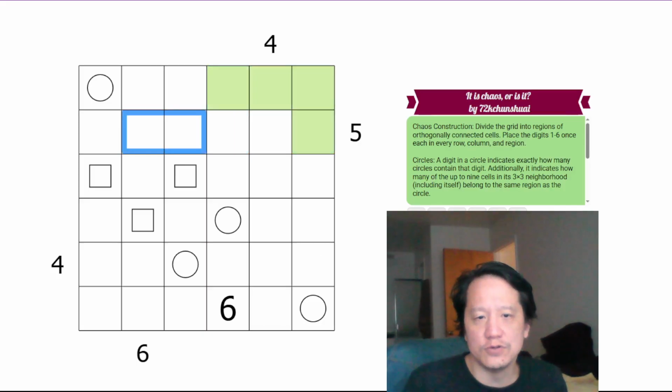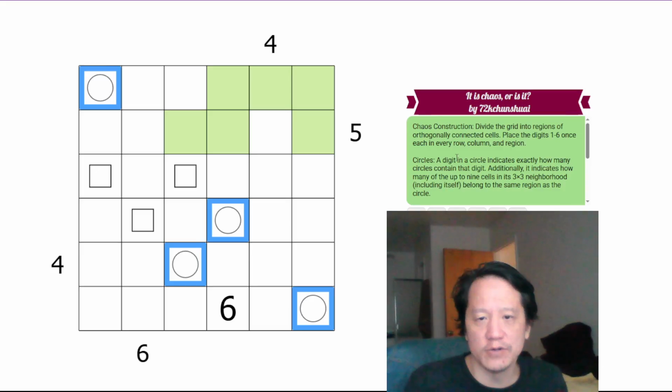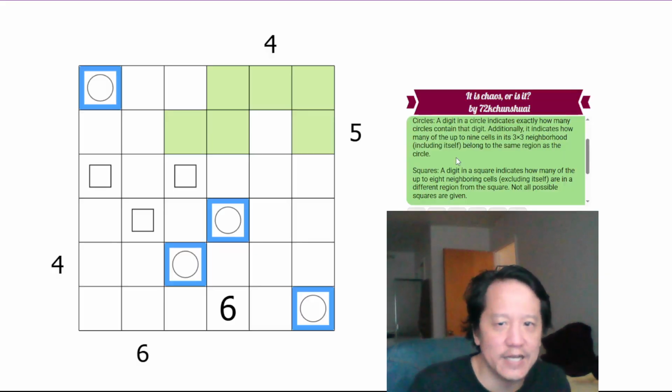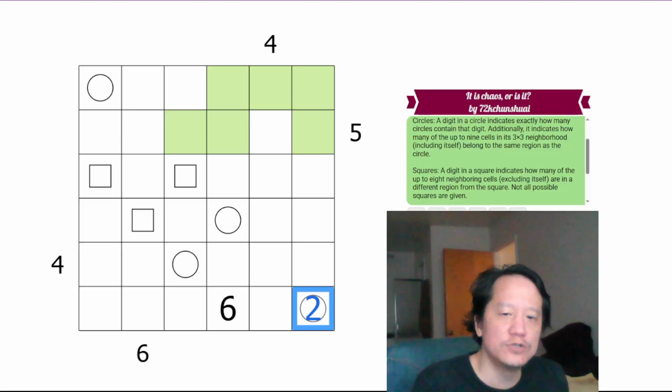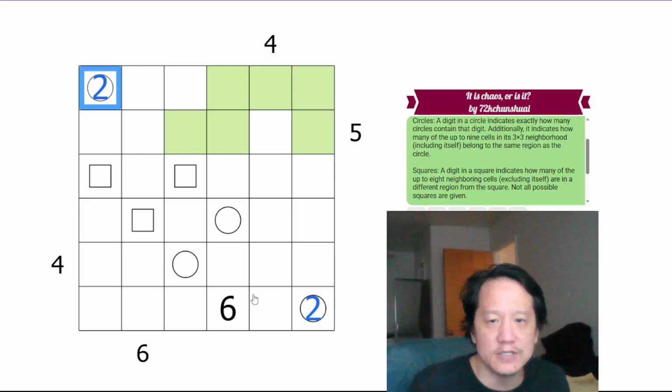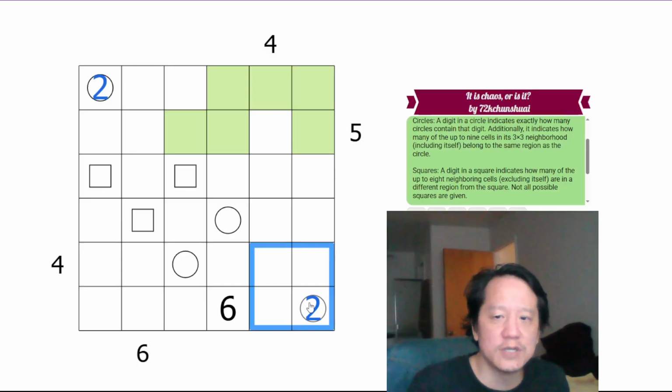We have circles in the grid, where a digit in a circle indicates exactly how many circles contain that digit. So, for example, if we had a 2 here, that would mean there are 2 2s in these circles. Additionally, it indicates how many of the up to 9 cells in its 3 by 3 neighborhood, including itself, belong to the same region as the circle.